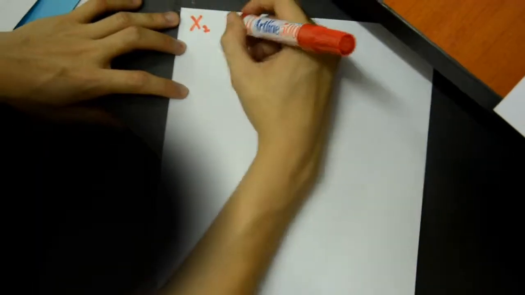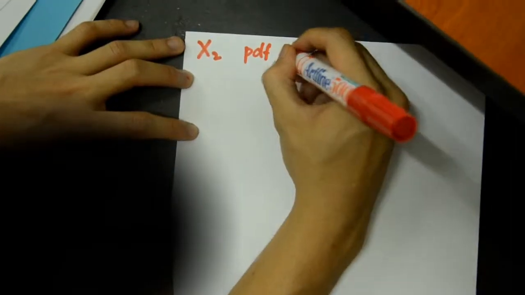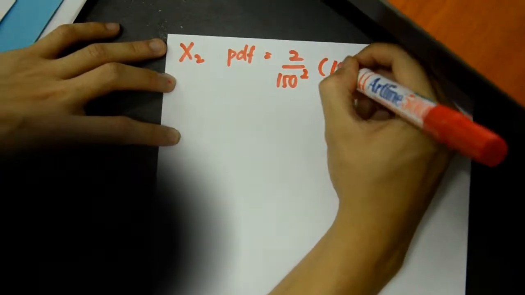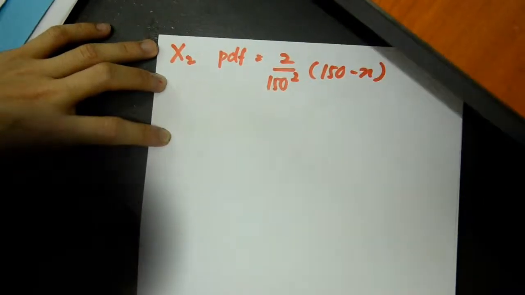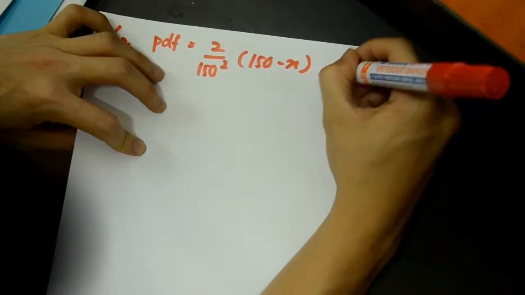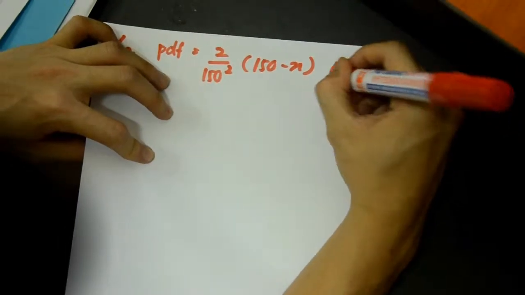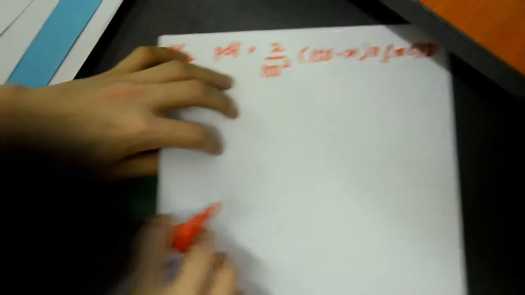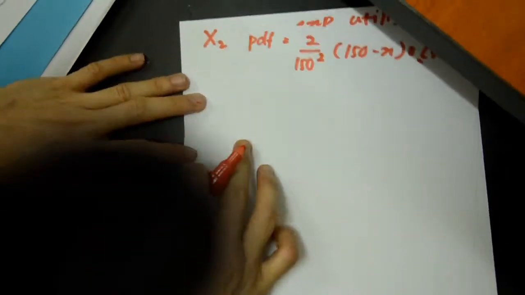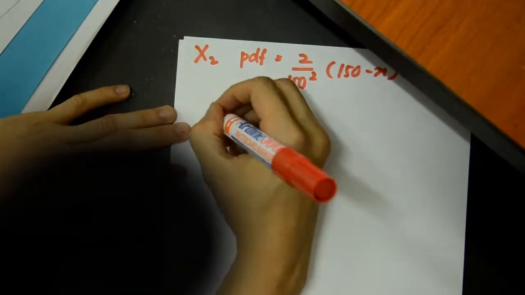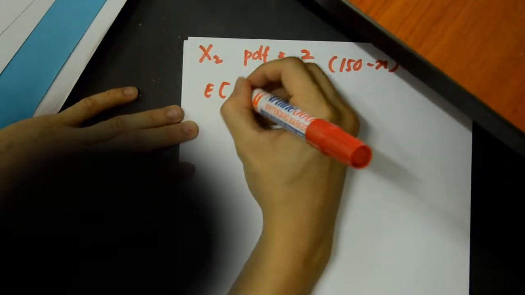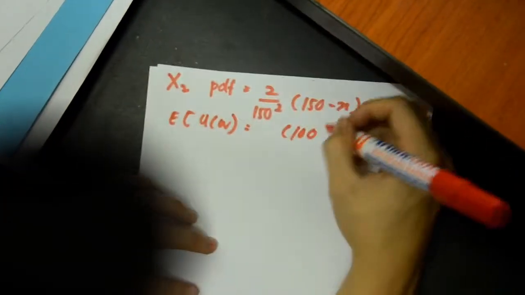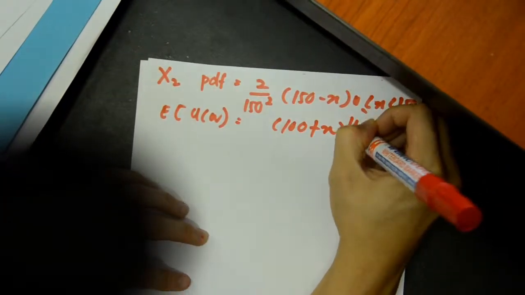So for option 2, it is given the PDF, which is 2 over 150 squared times (150 minus x), for x between 0 and 150. It is the same as the first option. You have to solve this. You need to take the expectation of your utility function, which will be (100 plus x) to the power of 1/2.